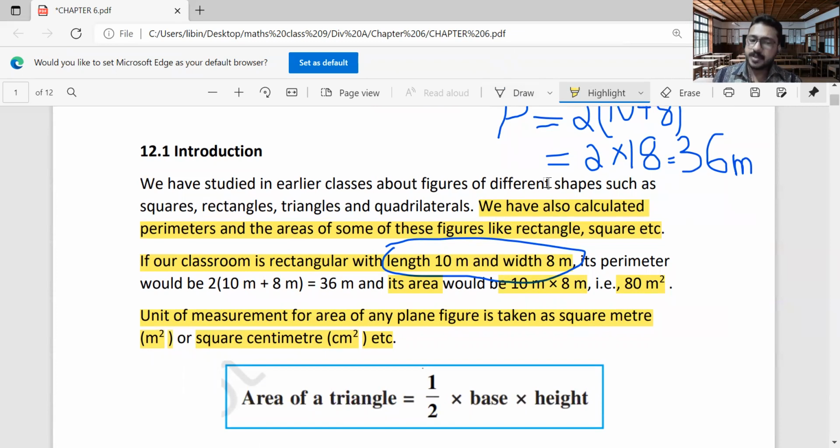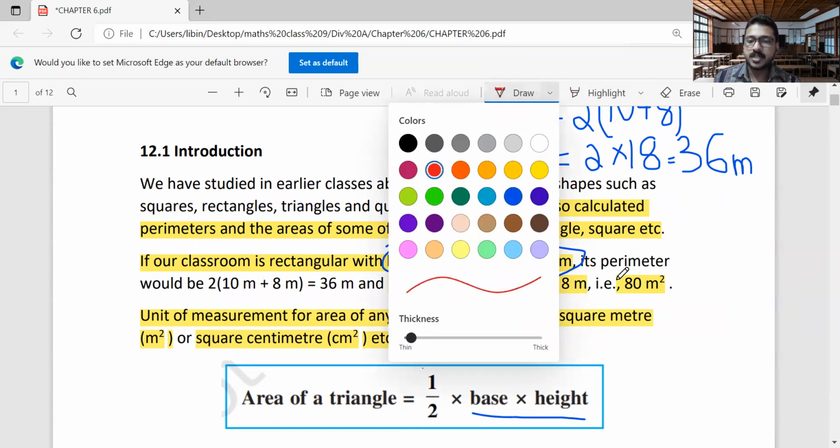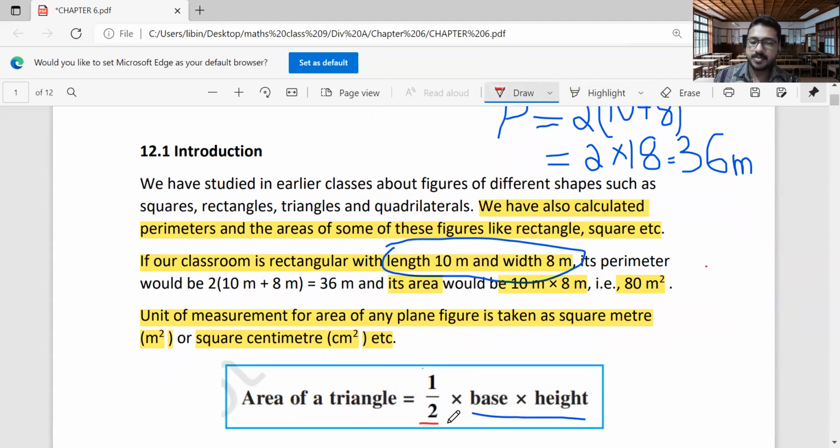Now, what is the area of a triangle if its base and height are known? You have already learned it as half into base into height. Quite easy. If a triangle is given to you, to find its area just take the product of base and height and multiply it by 1 by 2.